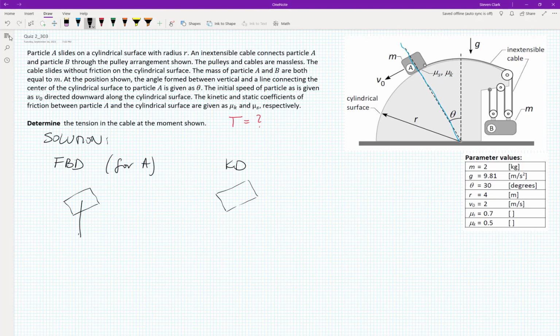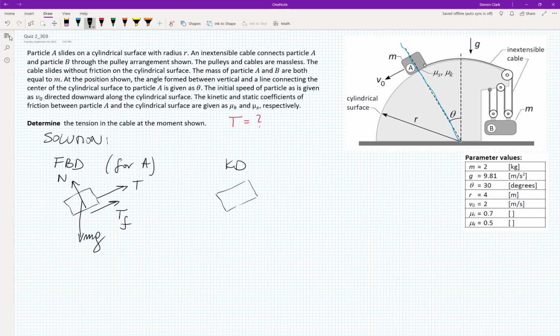Definitely there is mg, there is a normal force, there is also tension in the rope, and there should be also friction, Ff. I don't see any other forces acting on this system.